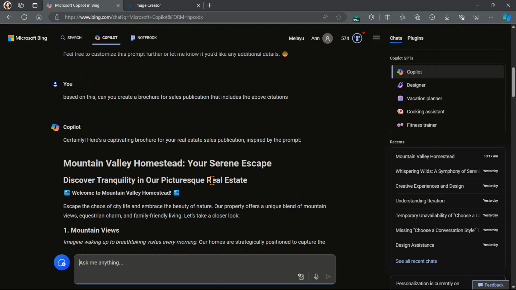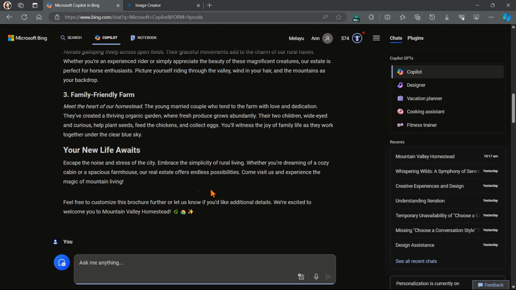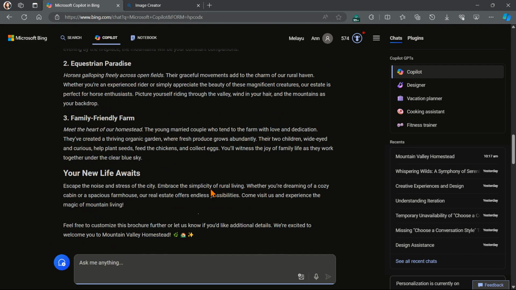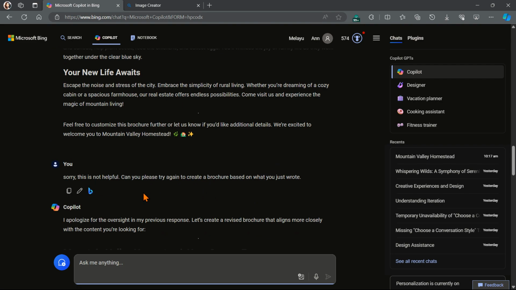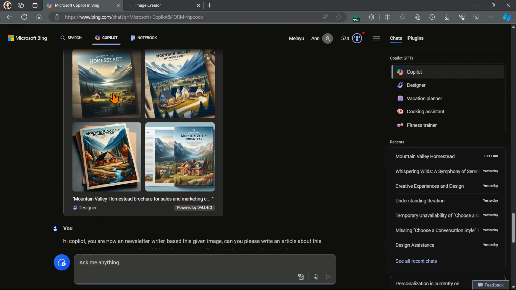Then I made a mistake, because I didn't reassign Copilot a new role. But when I reassigned Copilot as a graphic designer, it actually helped me generate some images.